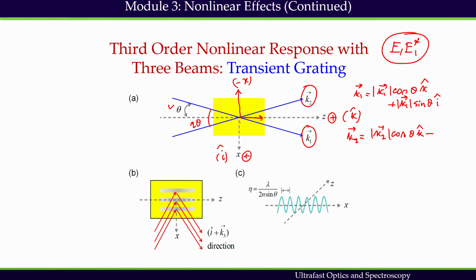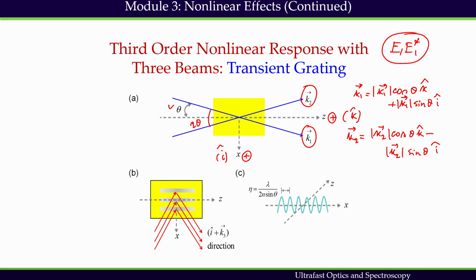For K1 we decomposed along the other direction, that's why we are getting a minus sign for K2. We can write minus K2 magnitude sine theta i. This is an expression we get immediately if we decompose these two vectors K1 and K2 along the z and x axis.